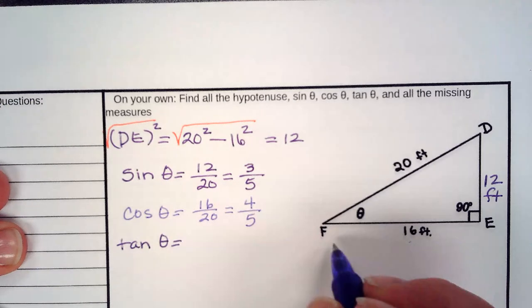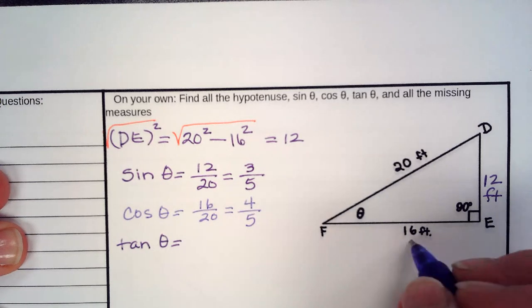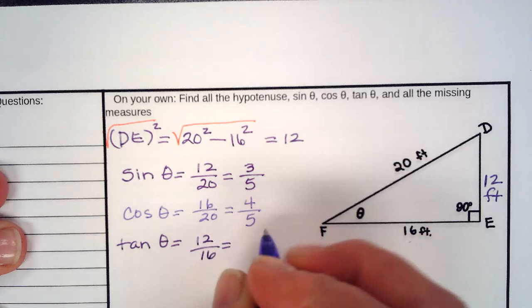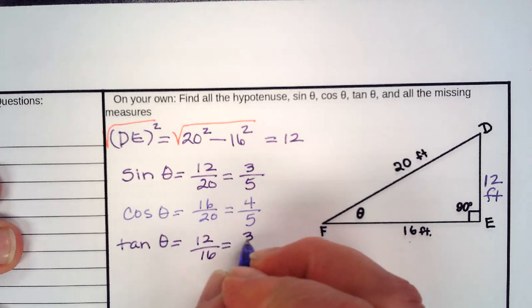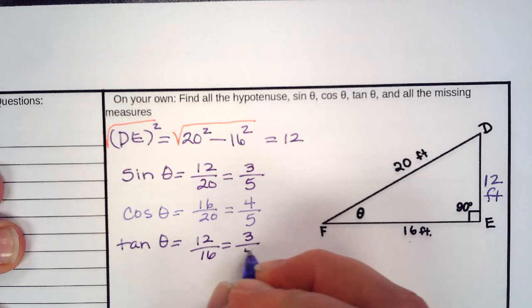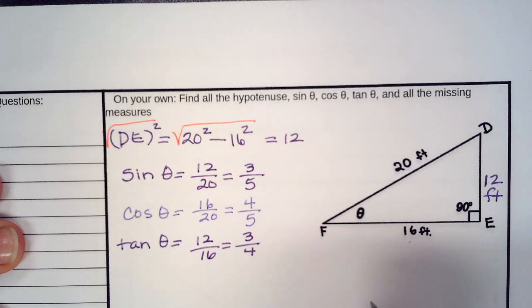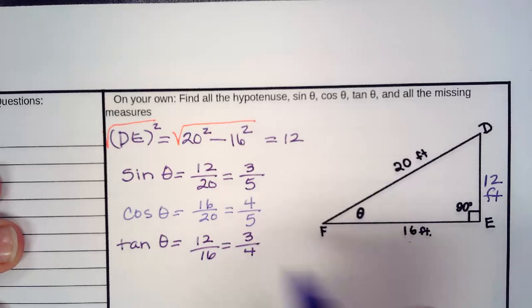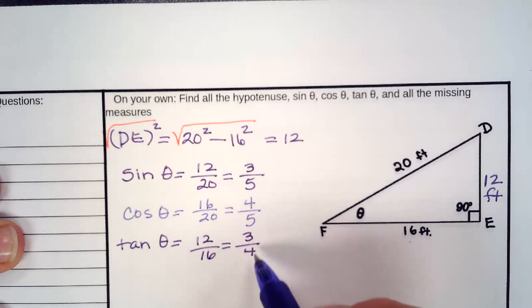Tangent of angle theta is 12 over 16. Factor of 4, 12 divided by 4 is 3. 16 divided by 4 is 4. So we've got the ratios 3 to 5, 4 to 5, and 3 to 4.